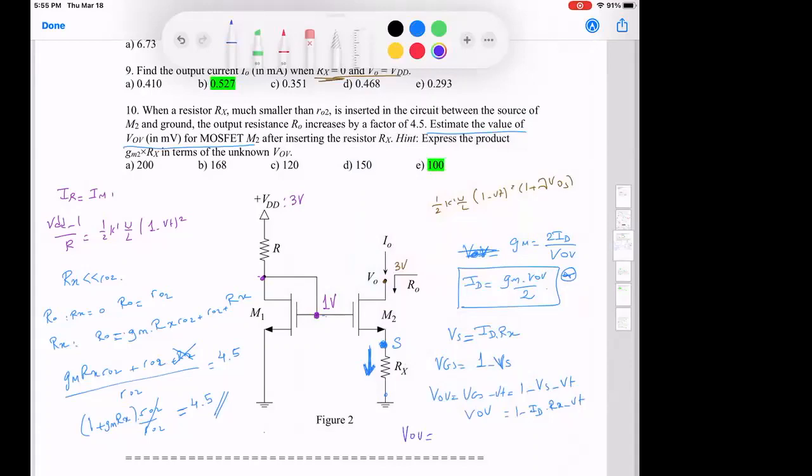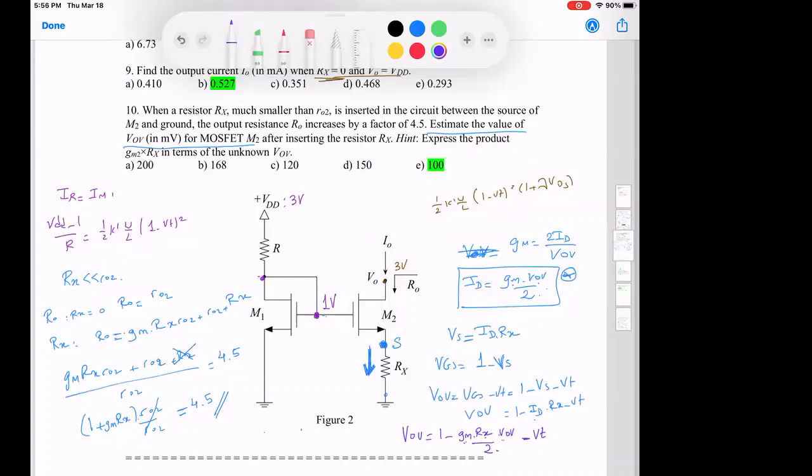VOV is equal to 1 minus GM VOV over 2 times RX. Is that right? I replaced ID with GM VOV over 2, multiplied by RX, and then minus VT.